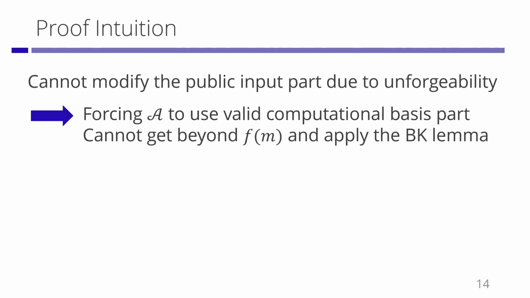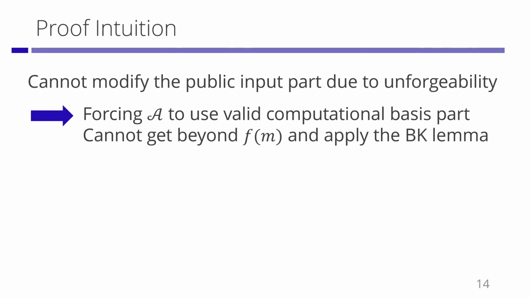The intuition of the security proof is like this. We cannot modify the public input part due to the unforgeability of the one-time signature. So we can force the adversary to use a valid computational basis part. So the adversary cannot get beyond F of M. And we can apply the Bartek-Kraner lemma to this construction.